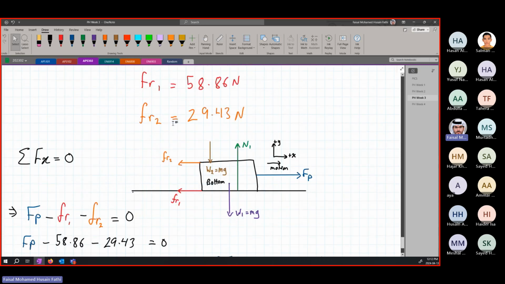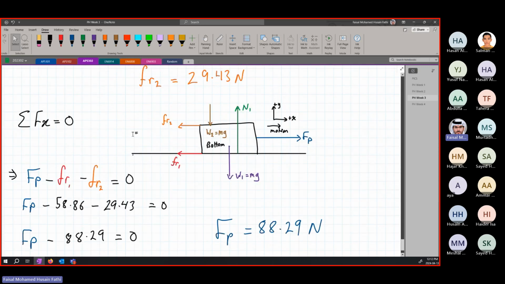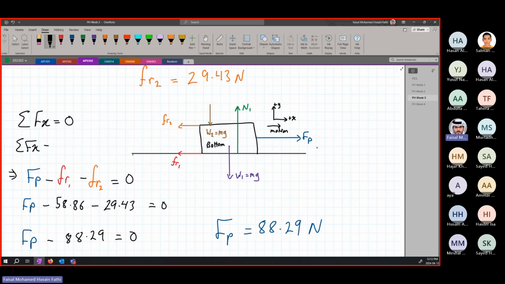Now that we have FR1 and FR2, we can do our sigma Fx equal to 0, basically meaning the summation of forces along the x is going to be equal to 0, as in we are looking for the very bare minimum force, when the motion is just about to start, so that it will be pulled right out. So in other words, we could just substitute for sigma Fx, the summation of forces.